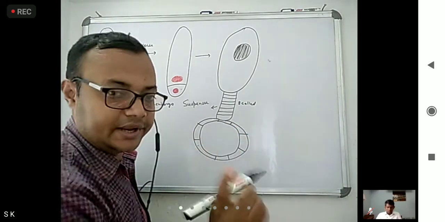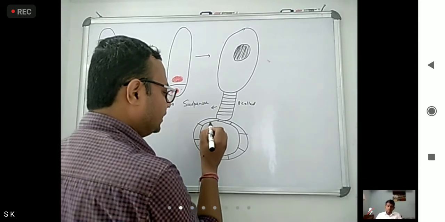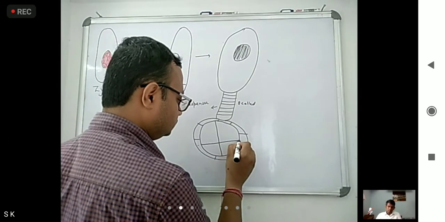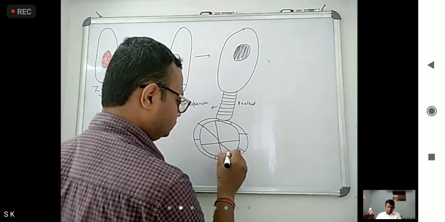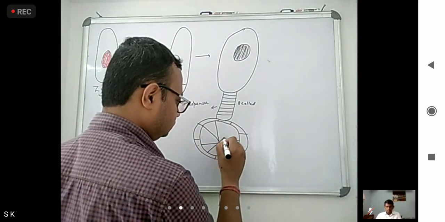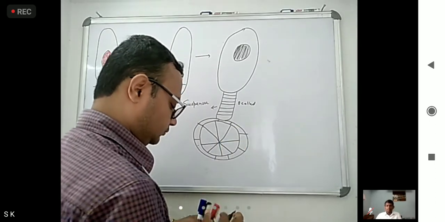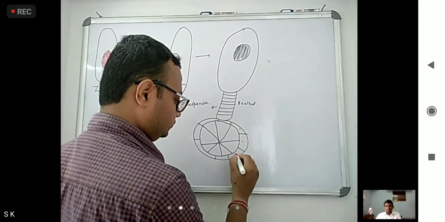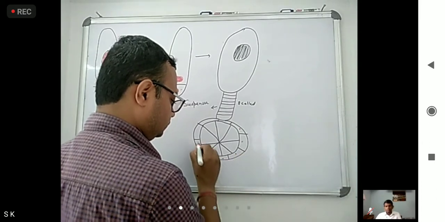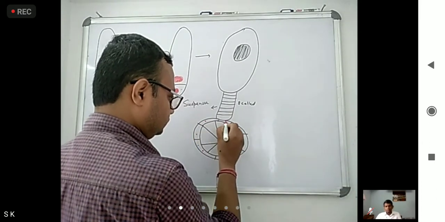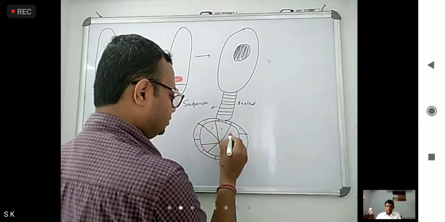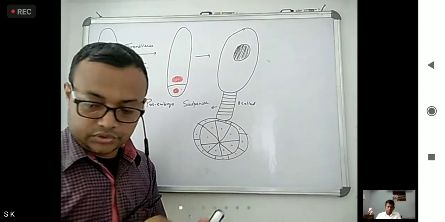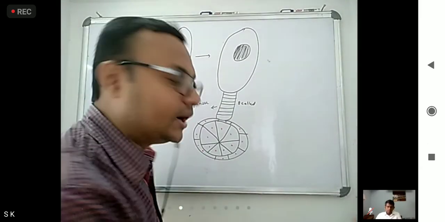This is forming 8 celled outside and 8 celled inside, 1, 2, 3, 4, 5, 6, 7, 8. So this is known as a globular embryo.